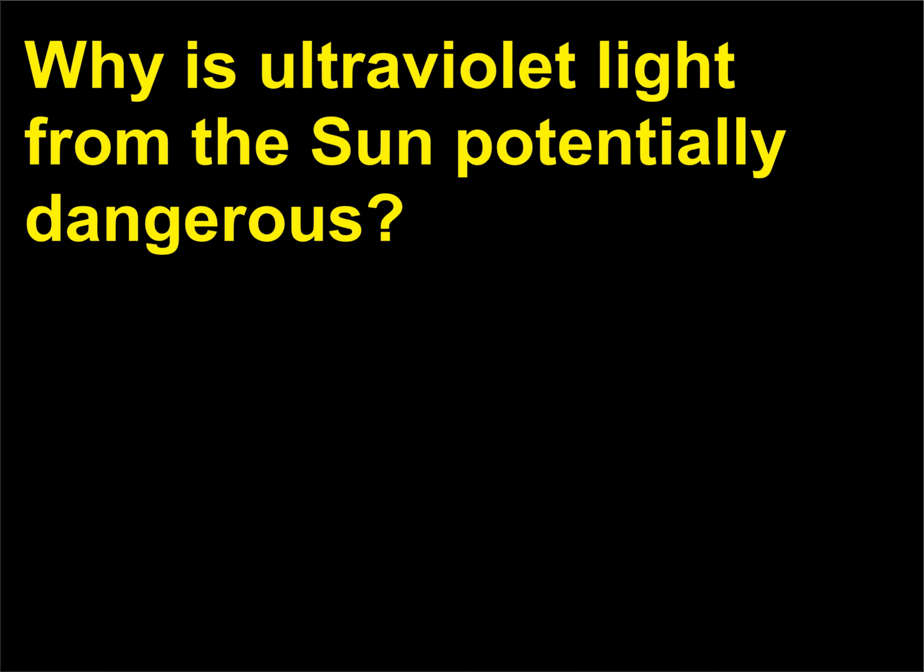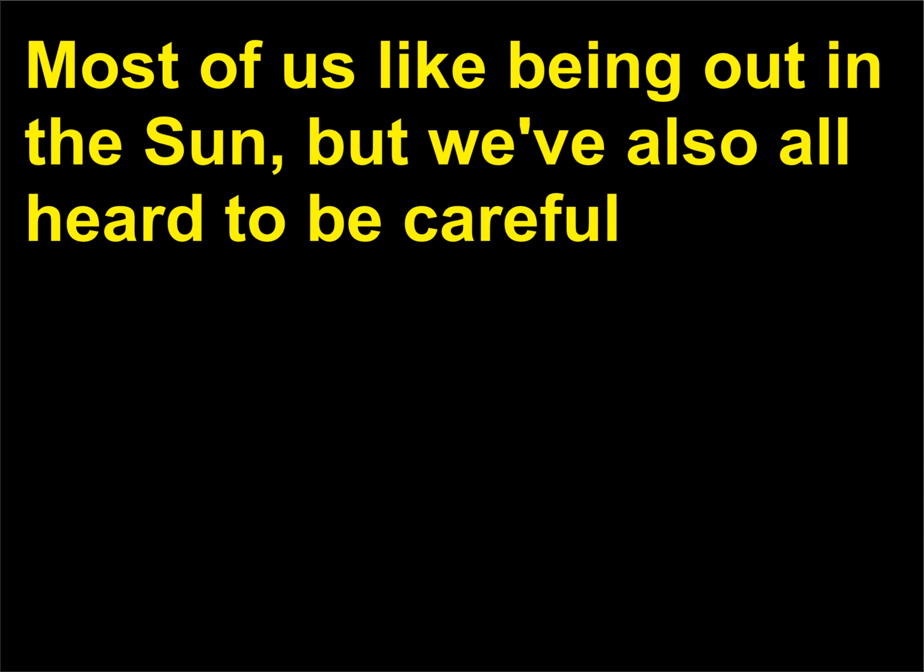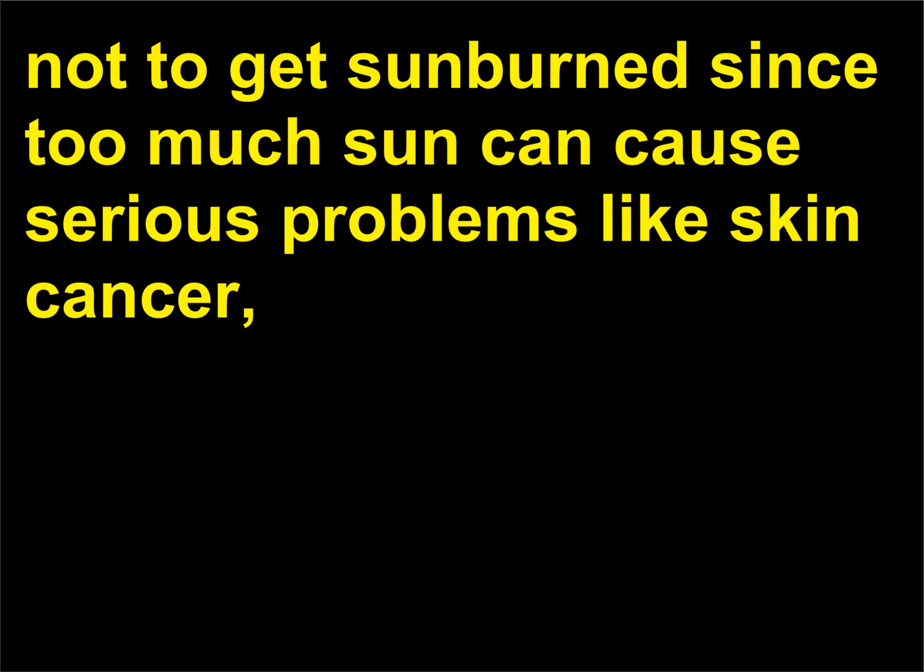Why is ultraviolet light from the sun potentially dangerous? Most of us like being out in the sun, but we've also all heard to be careful not to get sunburned, since too much sun can cause serious problems like skin cancer, along with less serious problems like wrinkles and dry skin.